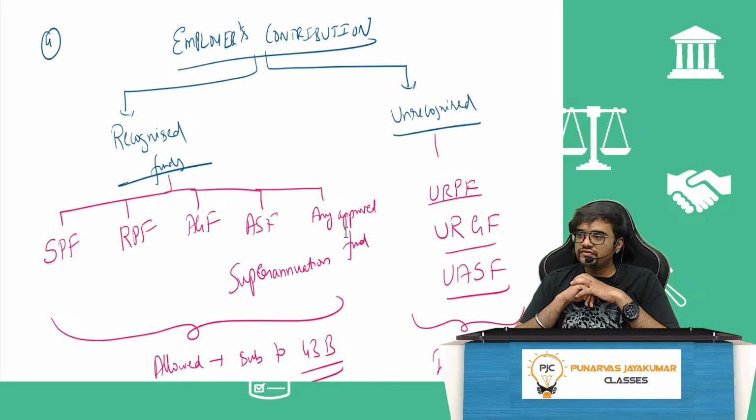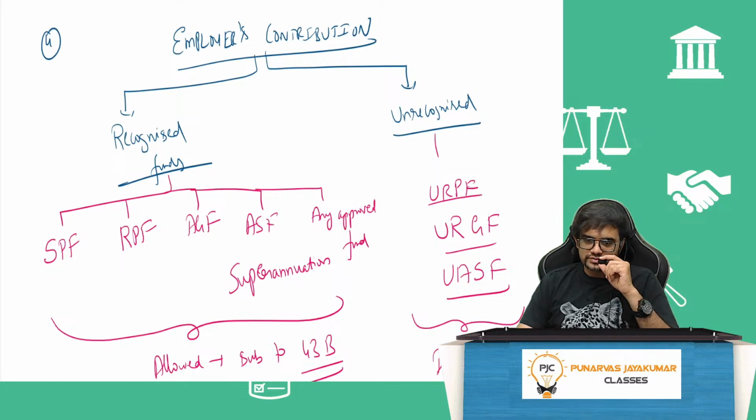Allowing the expense only if it is paid before the due date. Then URPF, unrecognized provident fund. You have unrecognized provident fund, unrecognized gratuity fund, then unapproved superannuation fund, all these things. In this case, it will be disallowed.